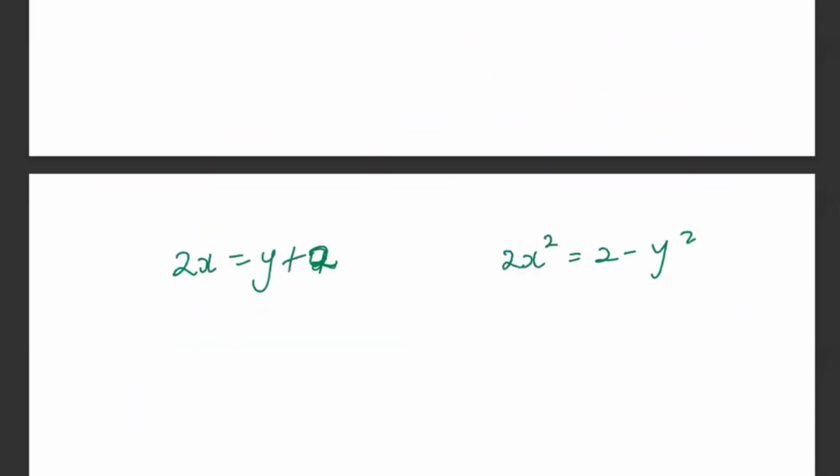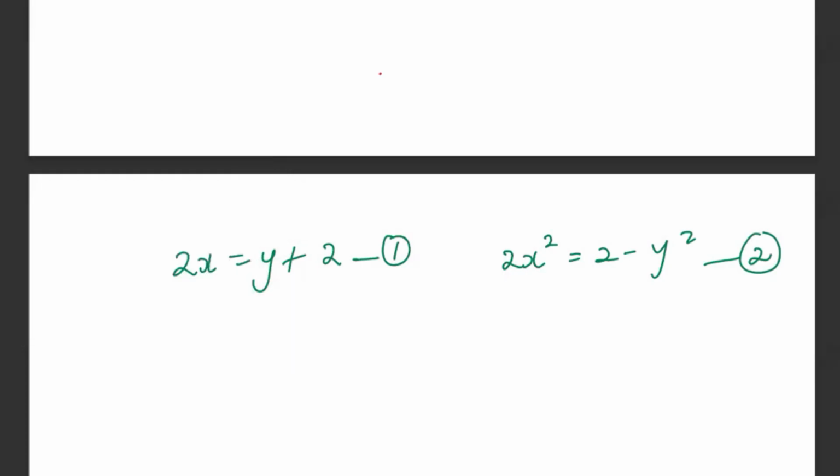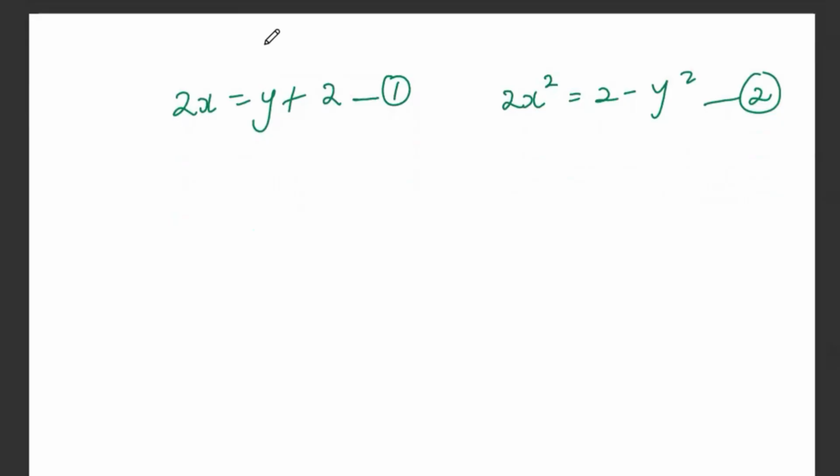Now, first things first, whenever you're solving simultaneous equations, you need to identify which one is linear and which one is quadratic. So this is equation number 1, this is equation number 2. Please label them to make life easy for yourself. Some people prefer using letters, equation A, equation B, no stress, for as long as there's some identification there.